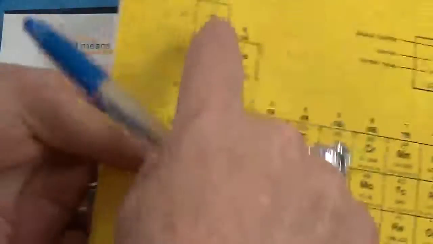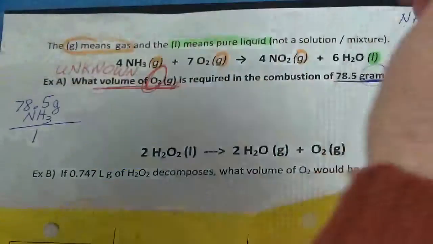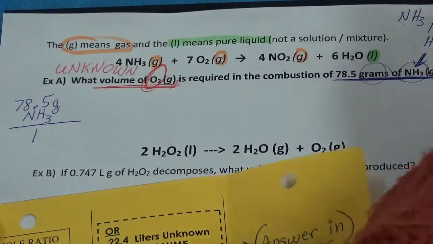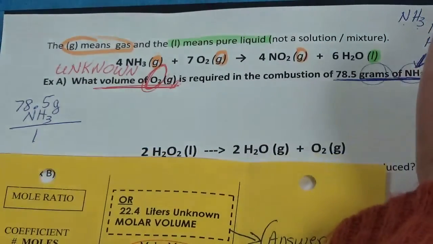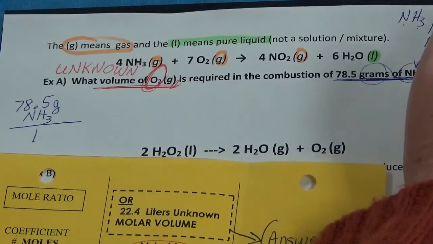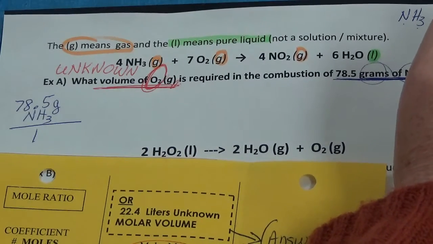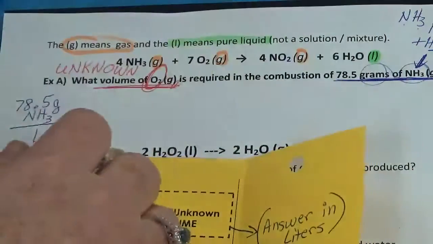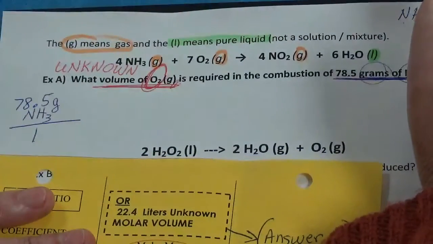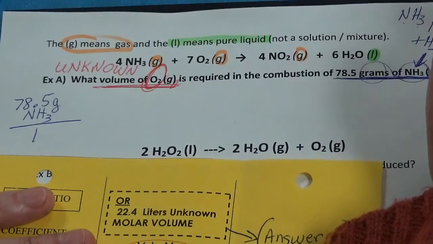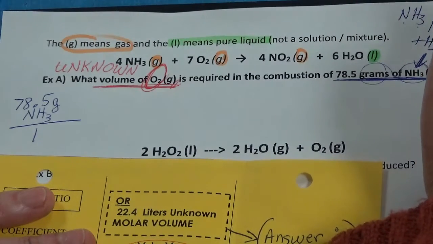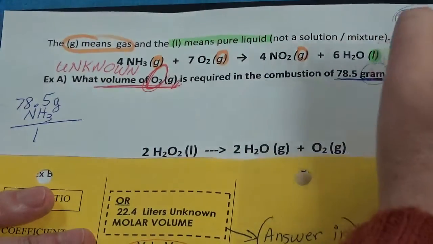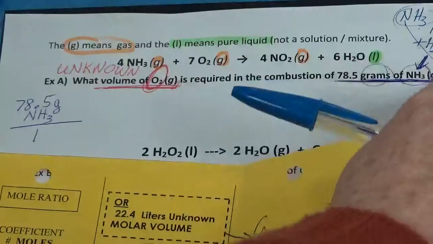Now hydrogen is 1.008, but I have 3 of those, so multiply by 3 for the hydrogens. Now I can add all that together, and I happen to know that the answer will be 17.031 grams per mole of the NH3. Since I have NH3 here, it's already labeled. We will use that soon.